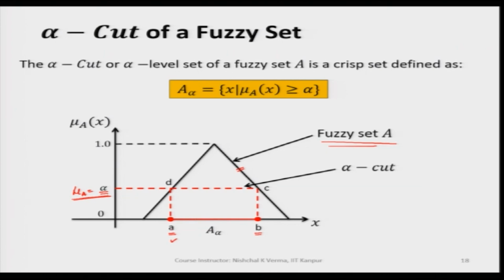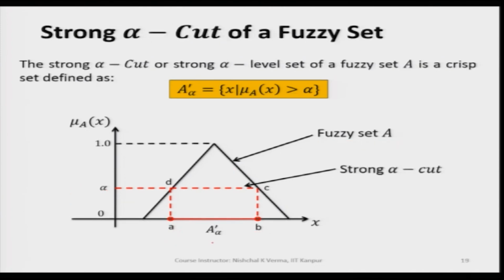It means this line includes all the points for which the membership values are either alpha or more than alpha. This way we understand the alpha cut.